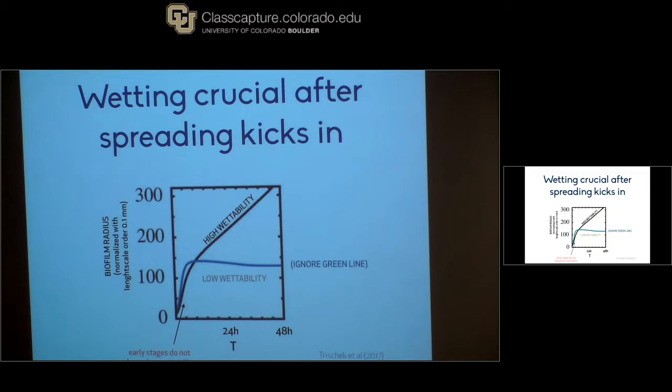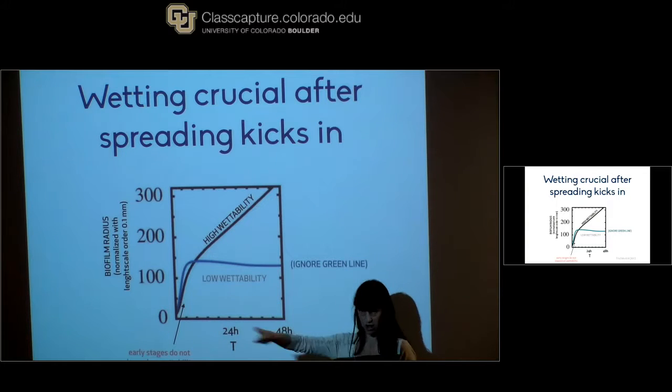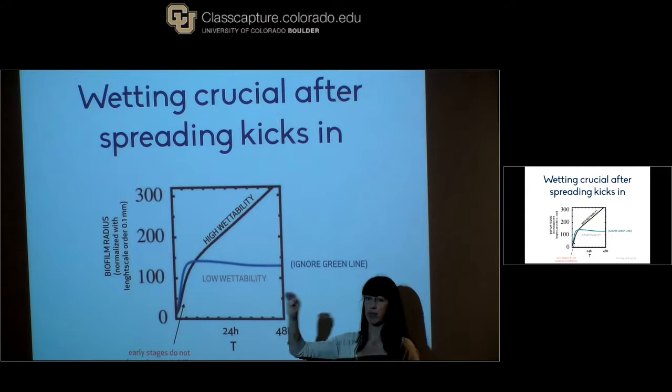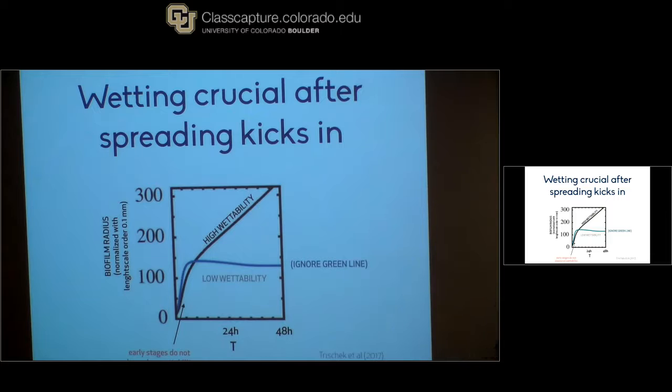This is just another way to say that eventually you will have to care about the contact line. This is another model, essentially what I told you about, where you add the surface energy. So in your functional, you have an additional contribution, and you can write down exactly the same equations, where you now take into account the fact that the biofilm is more or less happy to wet the surface.